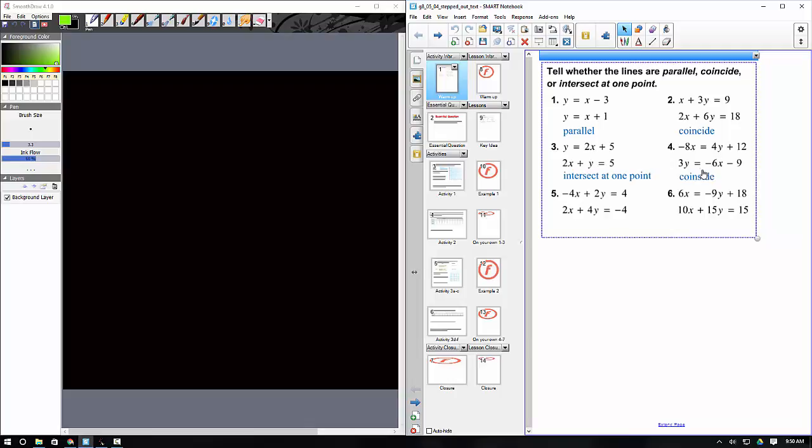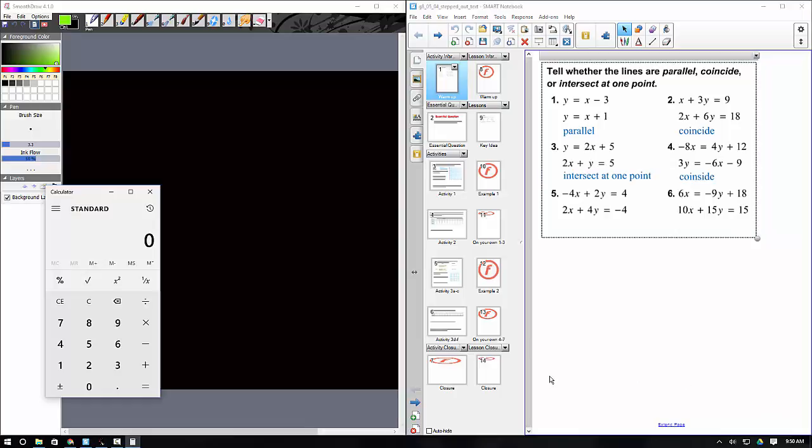Again, if I go through and I multiply everything by, well, let's look at it, 1 and 1/3. So if I take -6 times 1.33, it'll go on forever, of course, I'll get my 8.